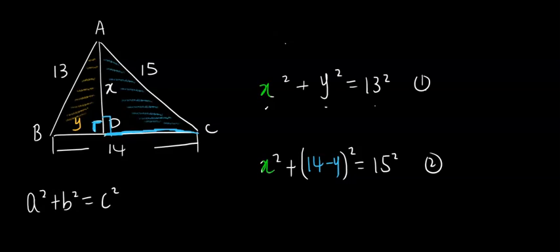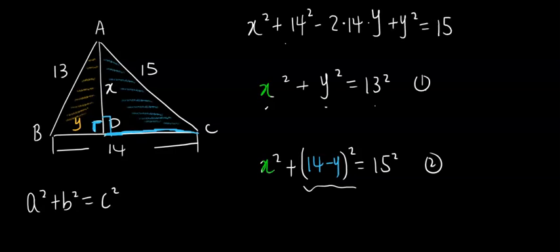Let's do this. I'm going to put my equation 2 on top and expand this. So I have 14 squared minus 2 times 14 times y plus y squared equals 15 squared. Just in case you forgot, this is what we do when we expand it.